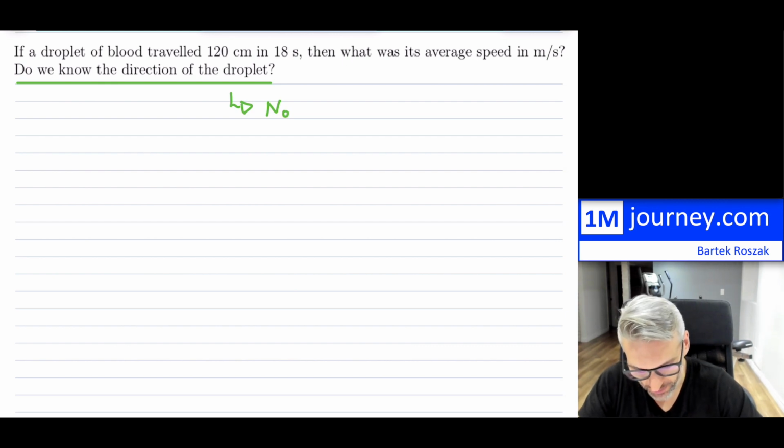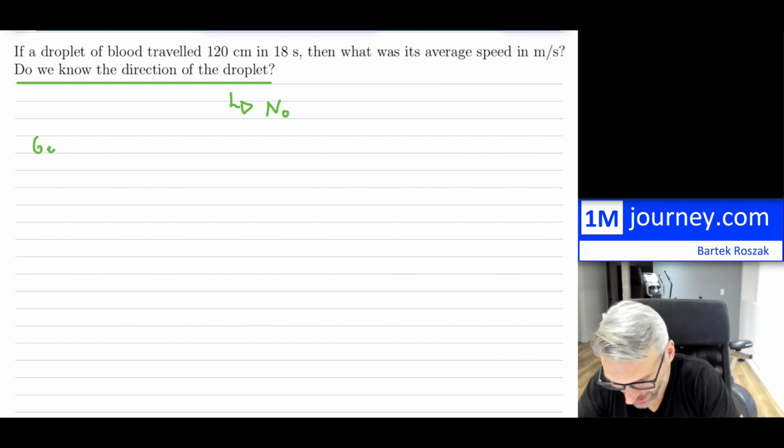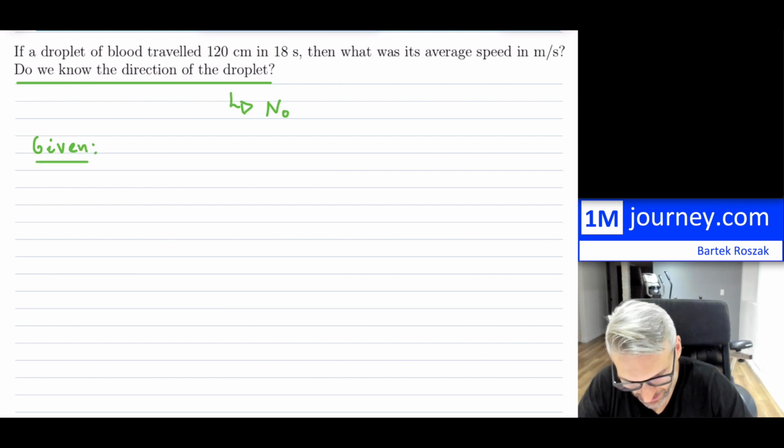Now for the second component, let's write down the given pieces of information. I do know the distance, the total distance that I have. I'm not going to put a vector there because it's not a vector. This is 120 centimeters.